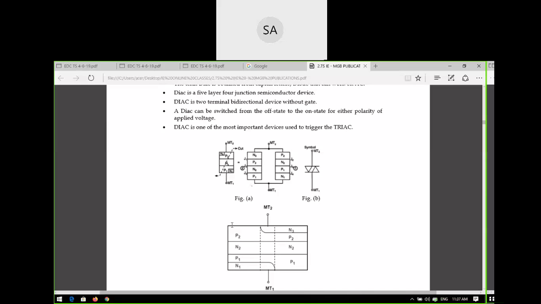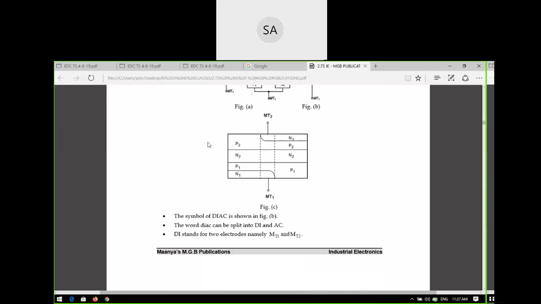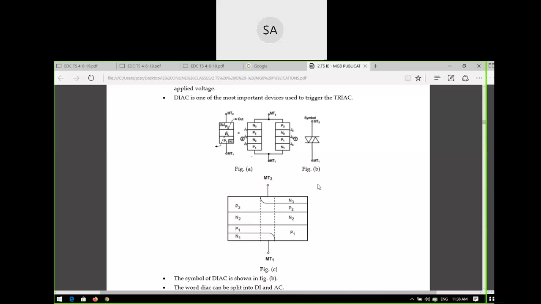The main usage of the DIAC is to trigger the TRIAC. The complete structure looks like this: MT1 here, MT2 there, or you can replace both of them, there is no difference. A PN device and an NP device connected back to back, two SCRs connected back to back without gate.